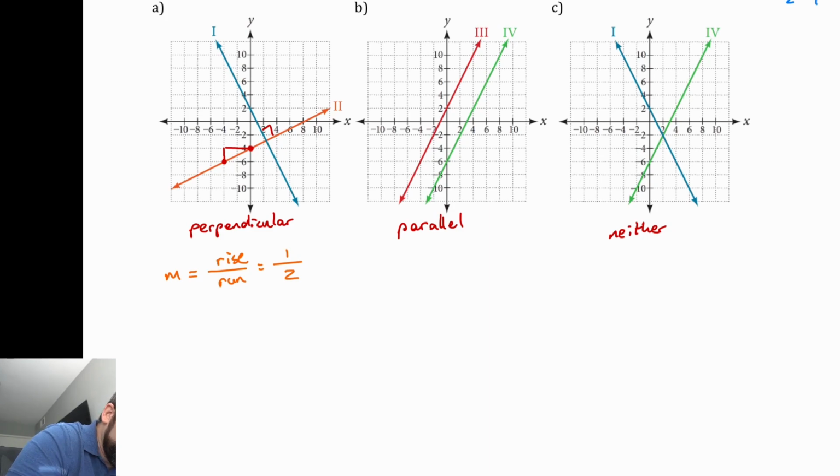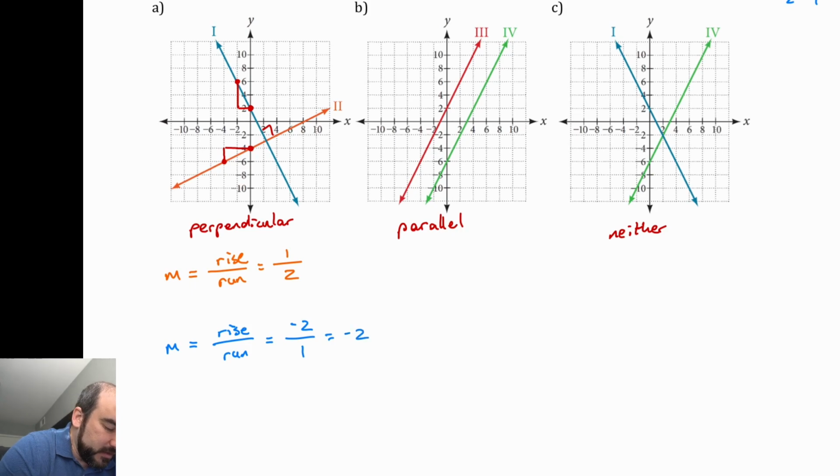Whereas the blue line, if I find 2 points on here, I'm going to go down 2 and over 1, meaning my blue slope as rise over run will be, since I went down 2, -2, and I went to the right 1, so that's a run of 1.